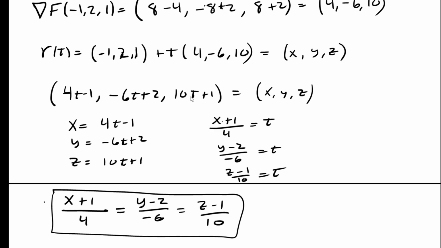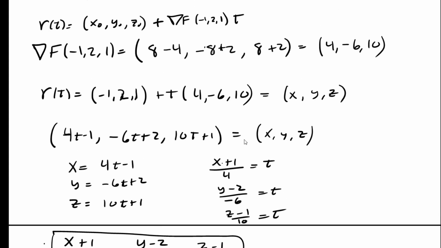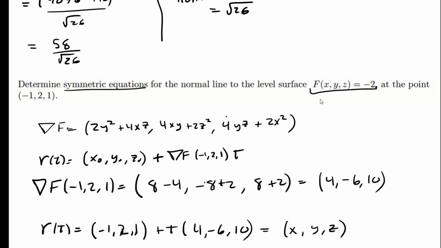So what's the point of giving us the level surface? The level surface describes a surface. If we want to talk about a normal line, we need a surface. So why does it give us the level surface, though?